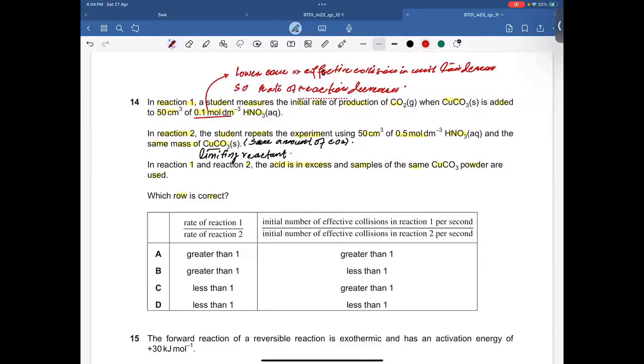Whereas in the second experiment, the concentration increases from 0.1 mole per dm cube to 0.5 mole per dm cube.